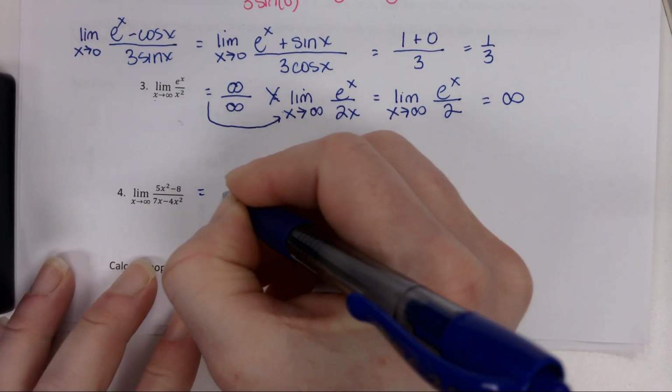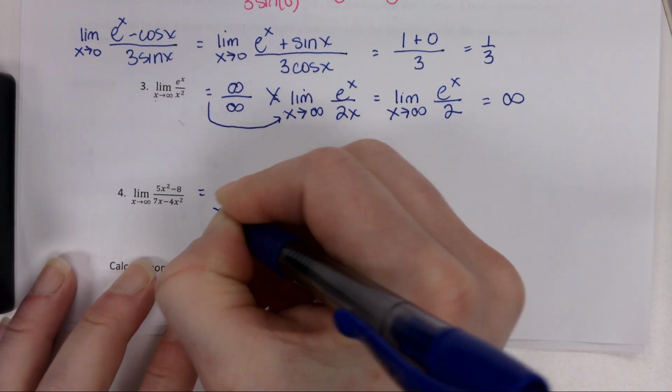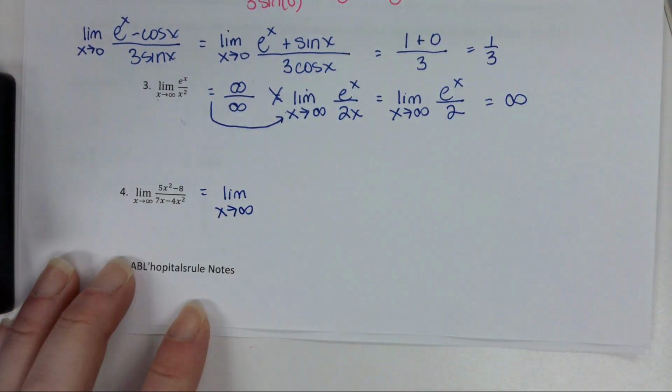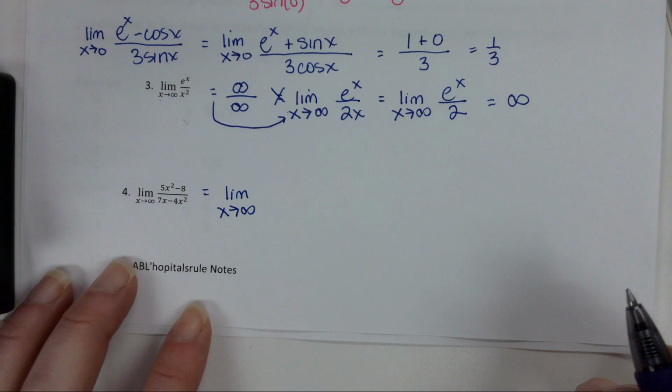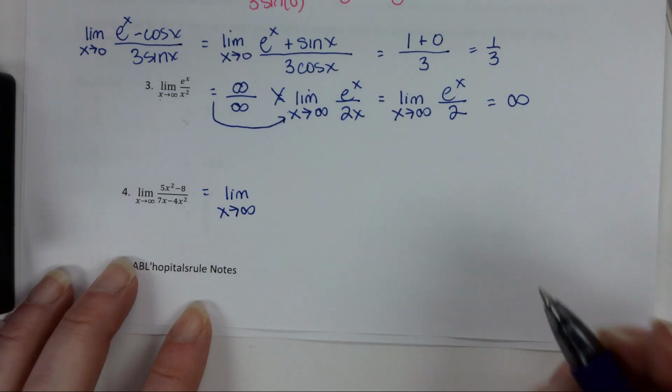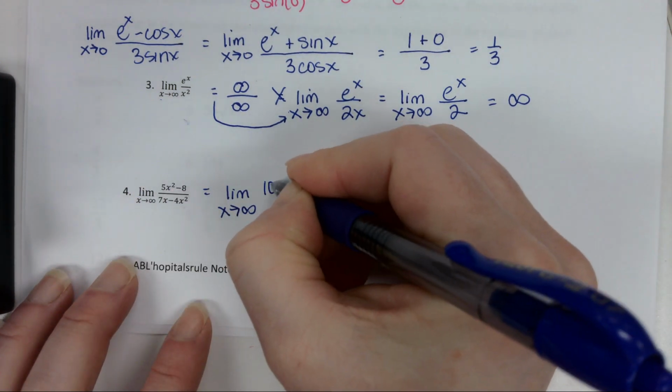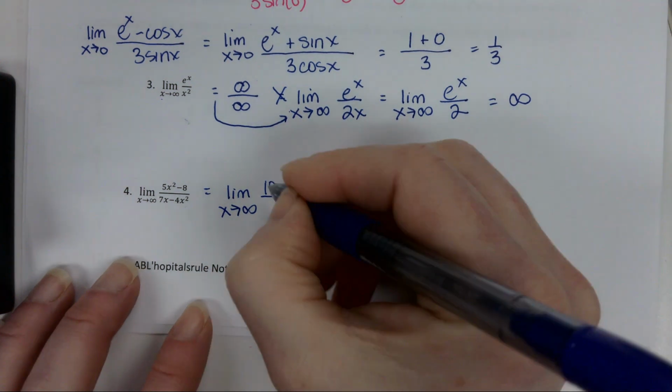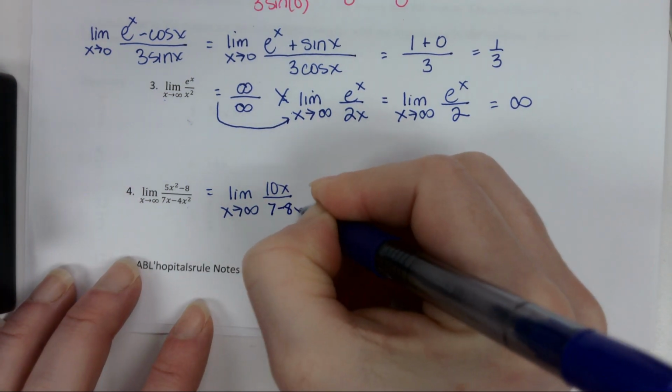All right, once again, do you see how I get infinity over negative infinity on this? Okay, so let's use it. This is equal to the limit as x goes to infinity. What's the top? 10x over 7 minus 8x. Agreed?